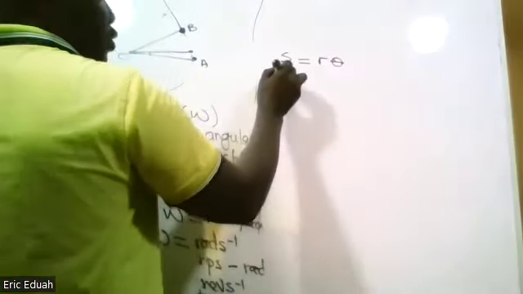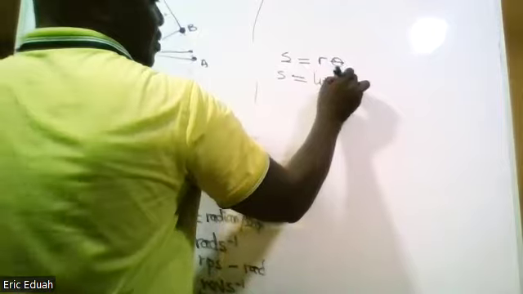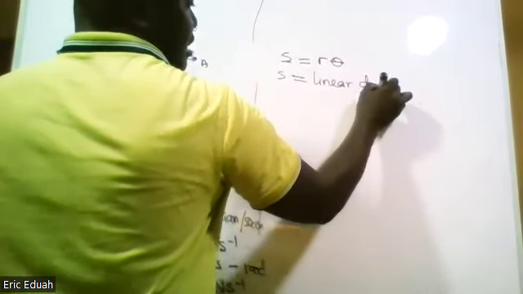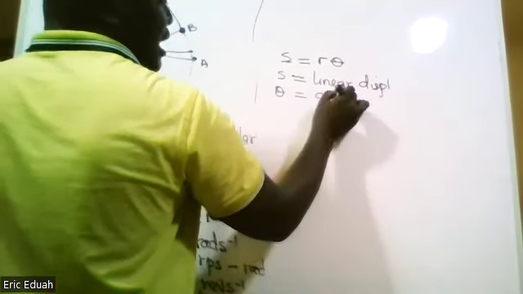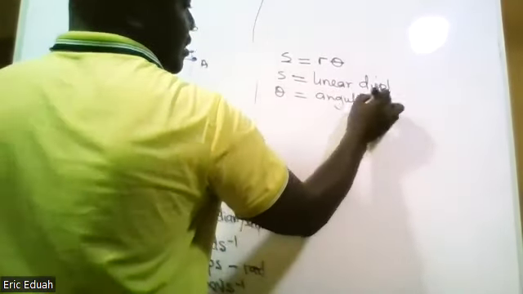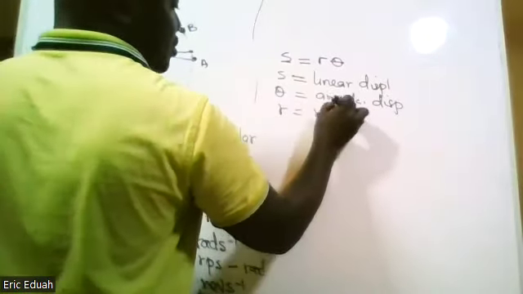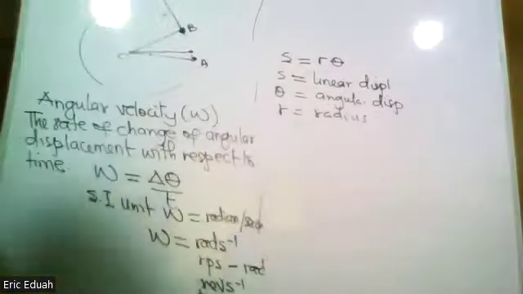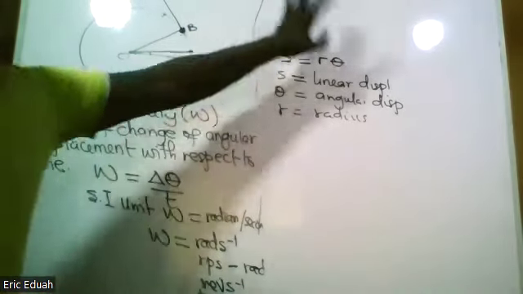S is the linear displacement, theta is angular displacement, and r is the radius, that constant radius.